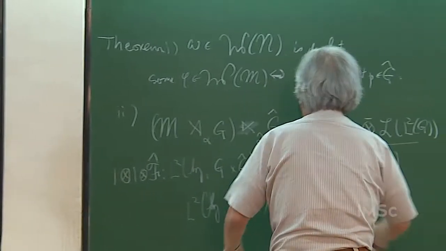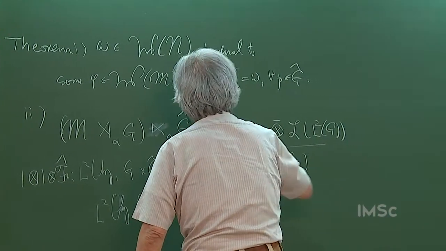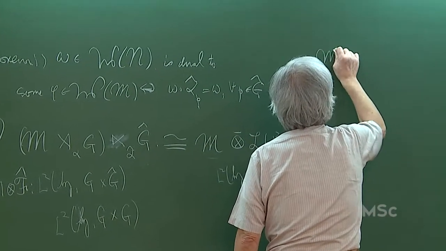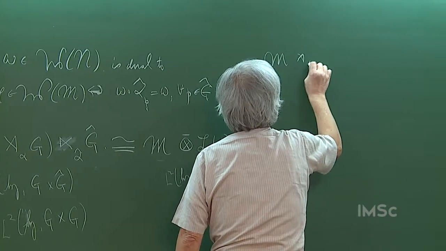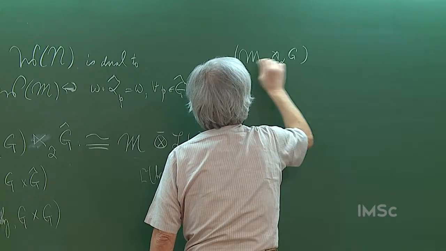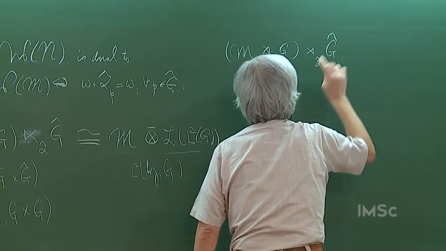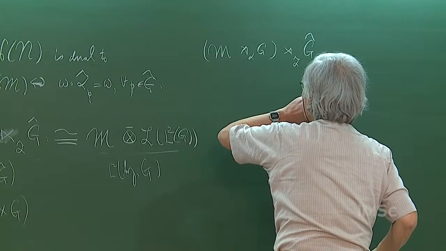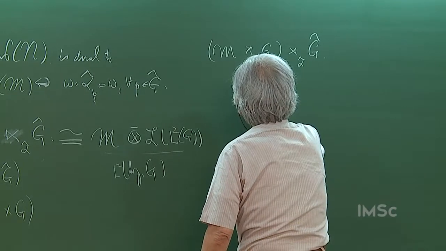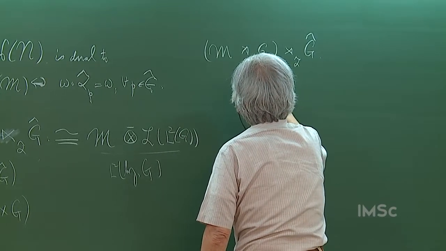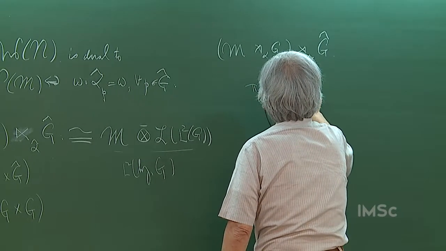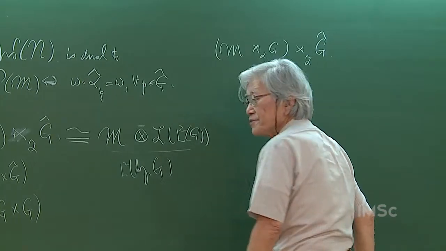under this cross product, this one, M cross alpha G, what is the generator? The generator is, of course, pi alpha hat circle pi alpha of x, right?